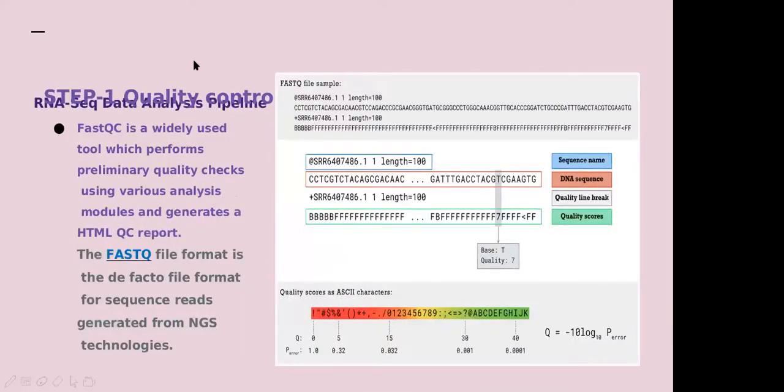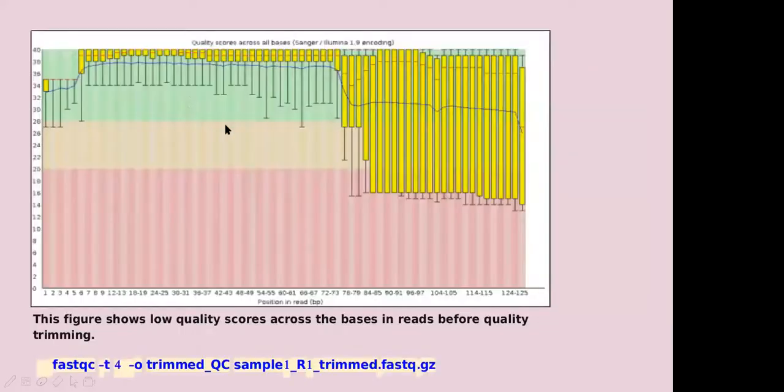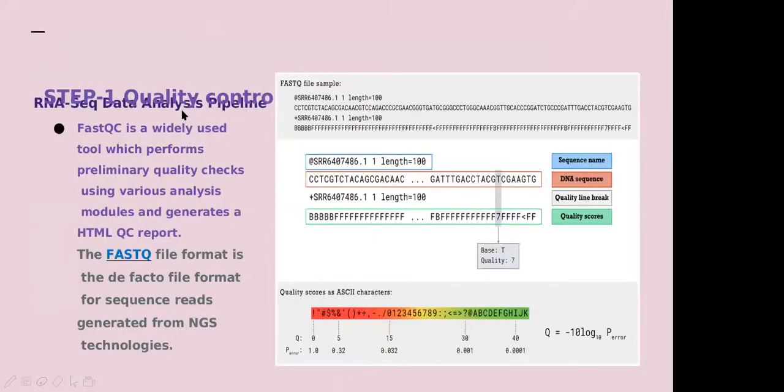So this is the first step, quality control. So FastQC is a software. Any data we are given from NGS, we have to do quality control. Quality control matters in every field, and bioinformatics is no exception.